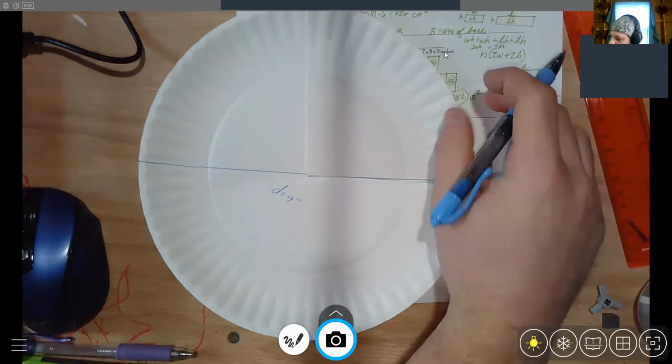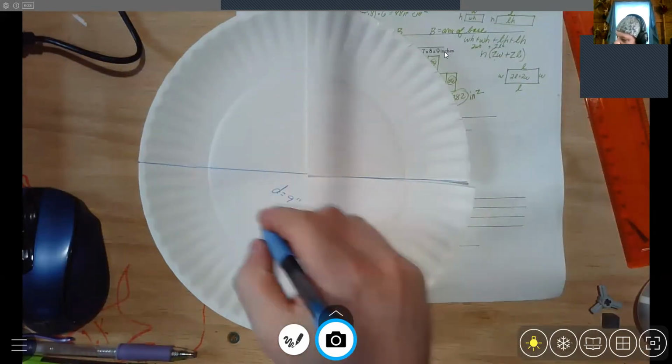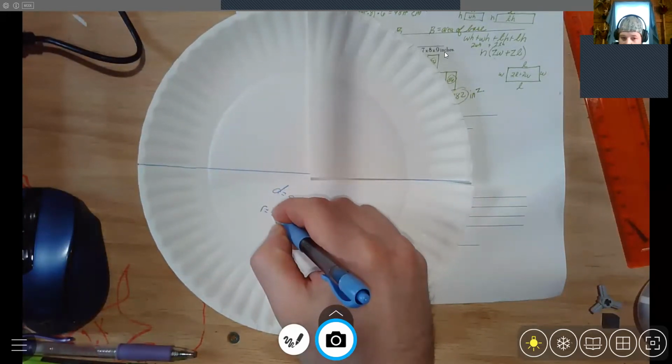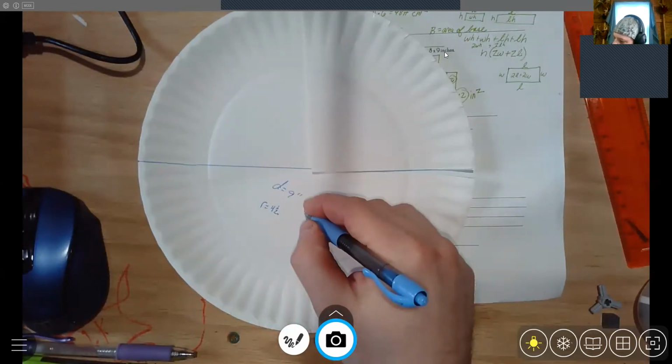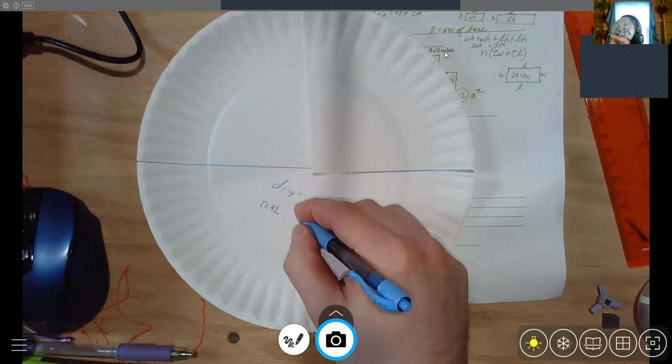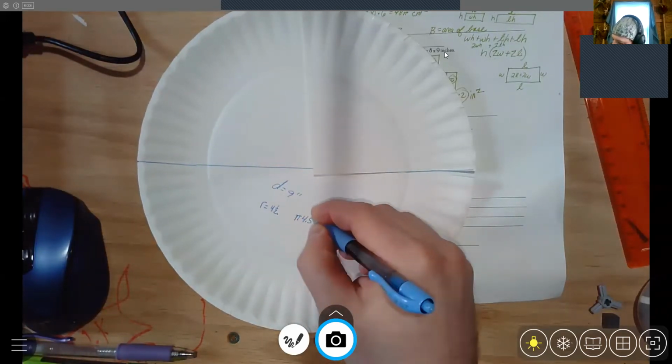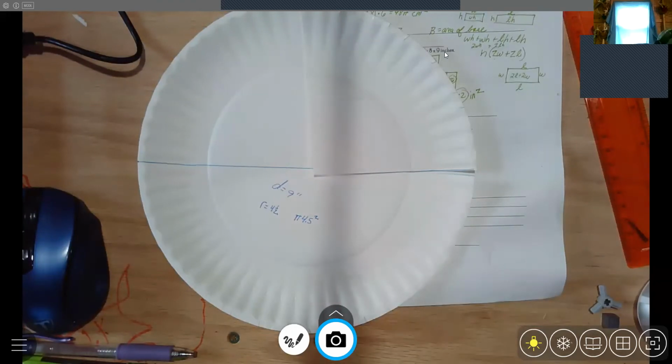If the diameter is 9, the radius must be 4.5. So the area of the whole plate would be pi times 4.5 squared. Okay, so that's easy enough.